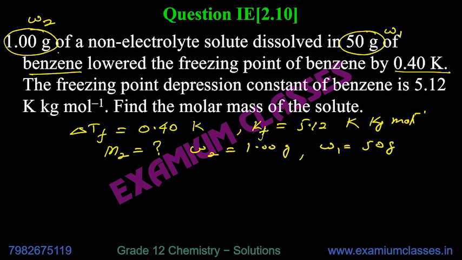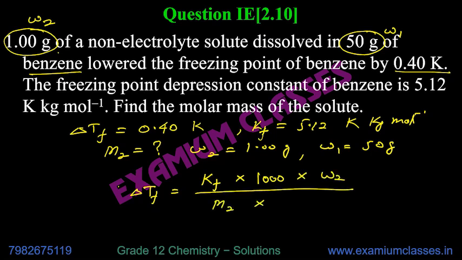The point here is that, and that is an important point, you first convert the formula in terms of molar mass. I have seen teachers deducting marks, even though it is 100% right, if you write the formula for delta TF as Kf into 1000 into W2 divided by M2 into W1.